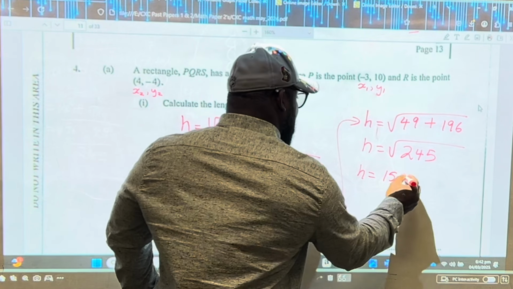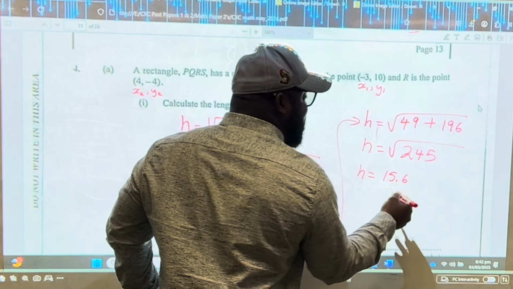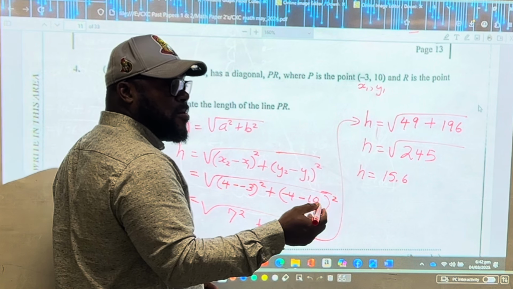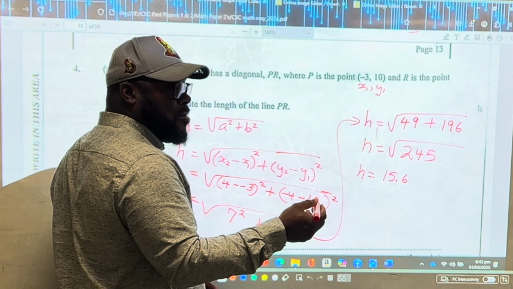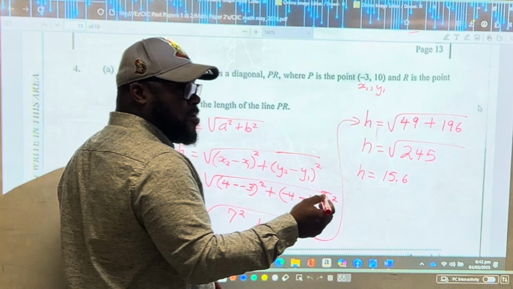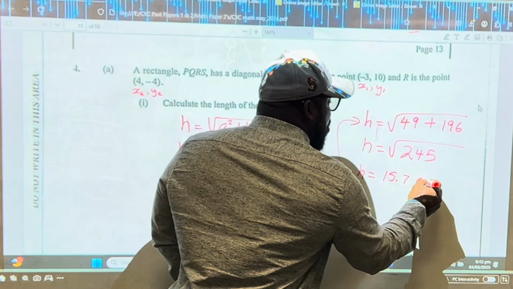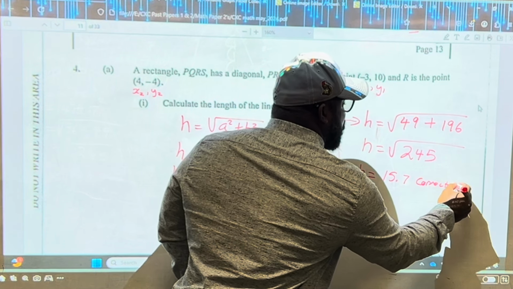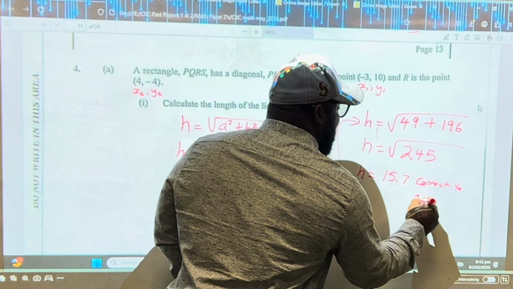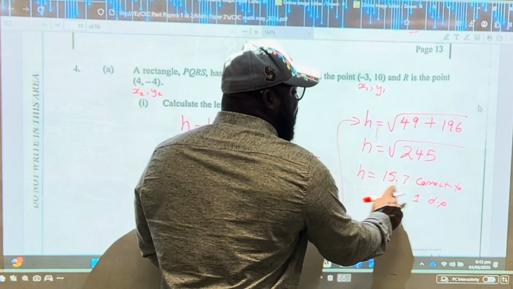16? 0.7? Yeah, because after it's 15.65 or 15.6? Also 15.7 then? Yeah. Correct to 1 decimal place. It was significant figures.